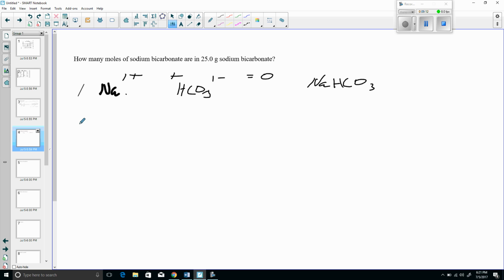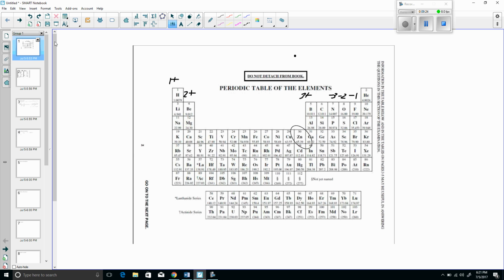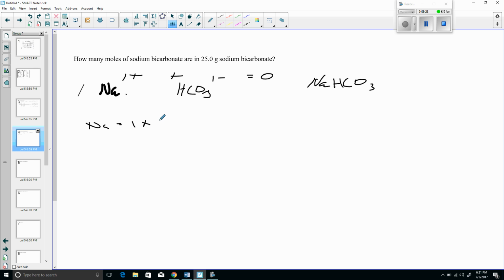So if we list this out, we have sodium, and there's only 1 in the formula, times the molar mass of sodium, which is somewhere around 23, 22.99. I'm going to say it's 23 grams. And so that equals 23.